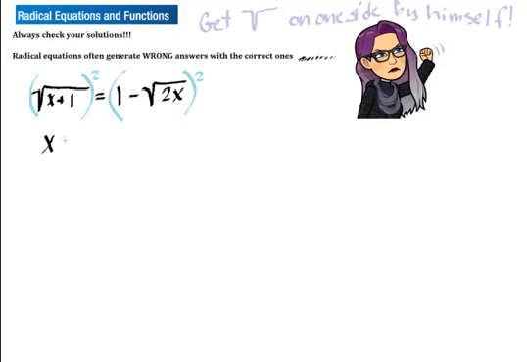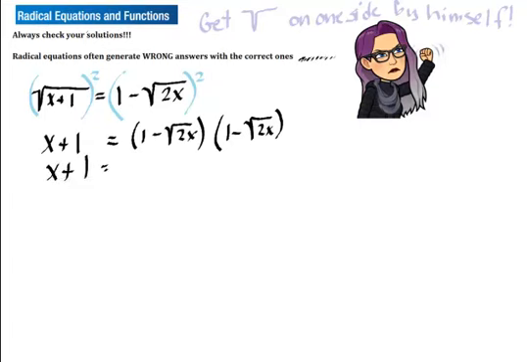Left-hand side, I like this one. Got that. Equals. All right, now this is going to be 1 minus the square root of 2x times 1 minus the square root of 2x. And I've got to multiply all that out. So let's keep that left like it is for right now. 1 minus the square root of 2x minus the square root of 2x plus square root of 4x squared.